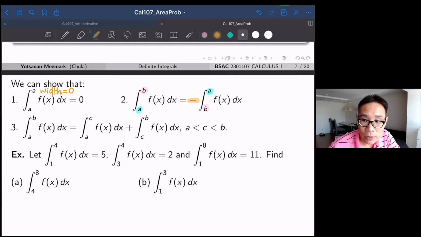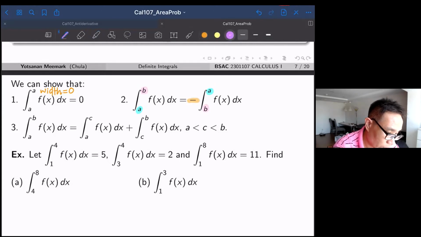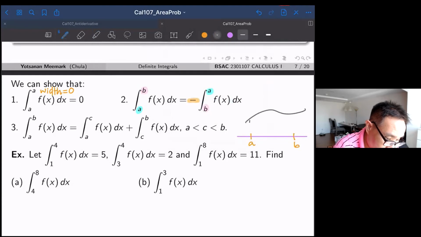And for the last one, when you'd like to compute the area from a to b, let me draw a picture for you. If you have from a to b and your curve like this, the area you're looking for turns out to be this area.